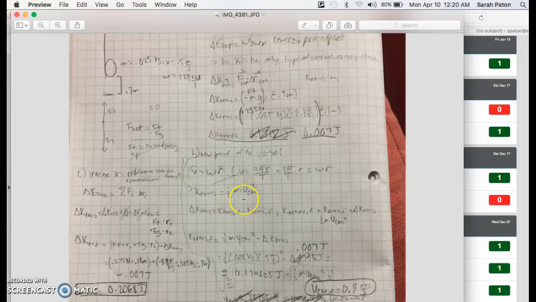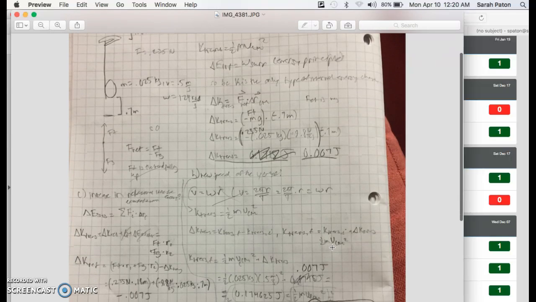I set up my change in translational kinetic energy as equal to my final K trans minus my initial K trans, and then isolate the v_cm in that final K trans, which ultimately gives me the final velocity of my center of mass is equal to 0.9 meters per second.